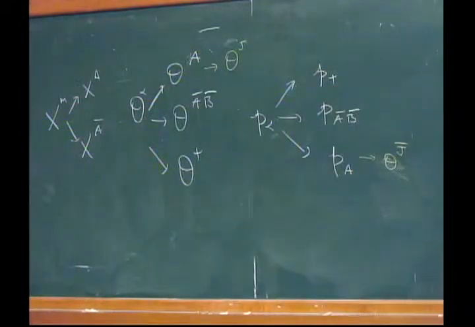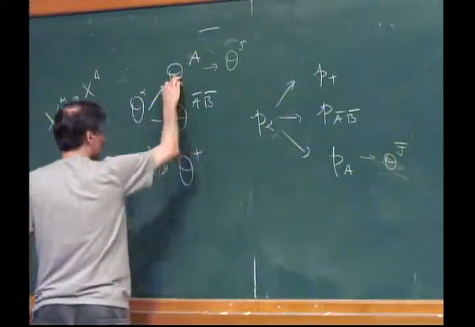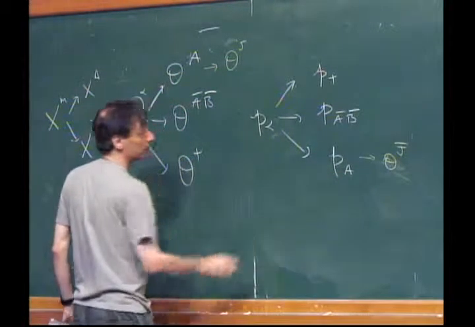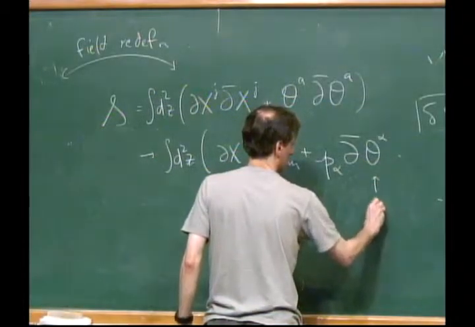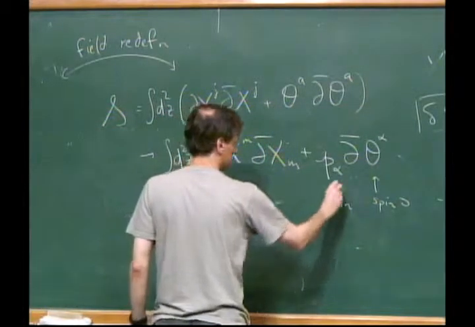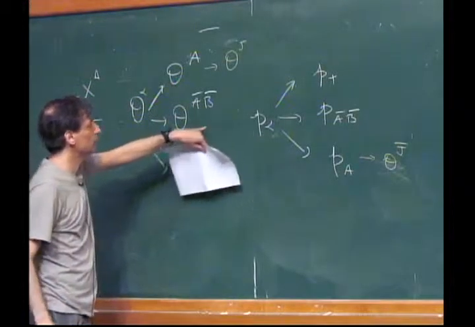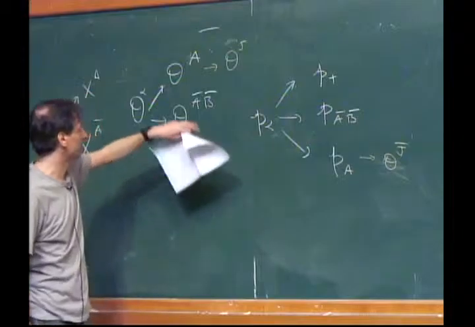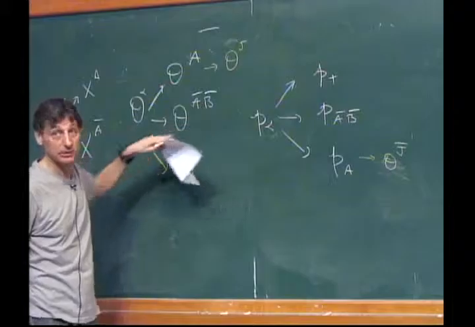So that's the first new ingredient, that theta has a conjugate momentum which is not the same as theta. And this is, of course, going to be spin 0, because after twisting, this one was spin 0, and this one is going to be spin 1. So this is spin 0 and spin 1. But we're not finished yet, because these degrees of freedom have many more fermions than bosons, because I started with 8 bosons and 8 fermions, but now I have 32 fermions and 10 bosons.